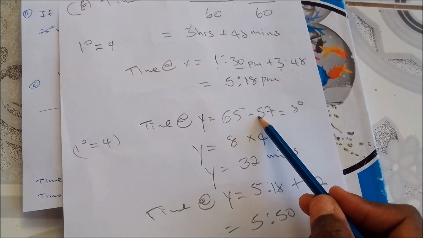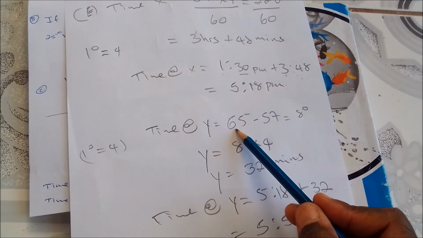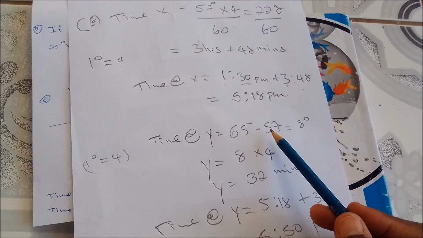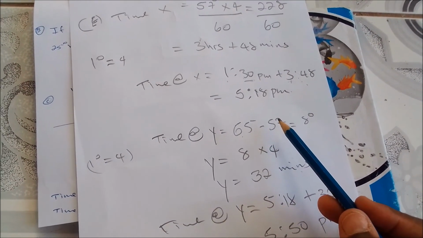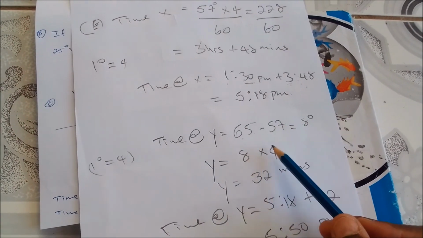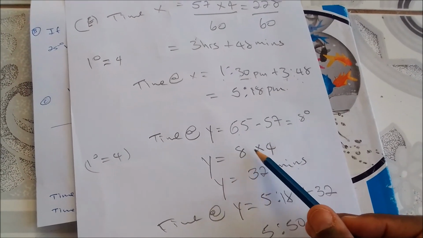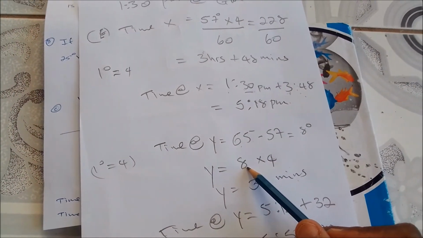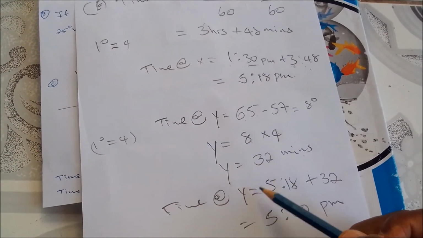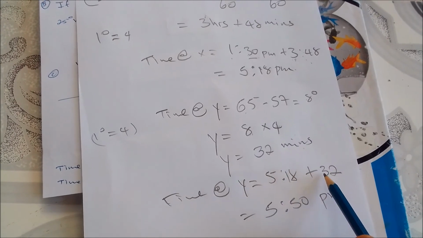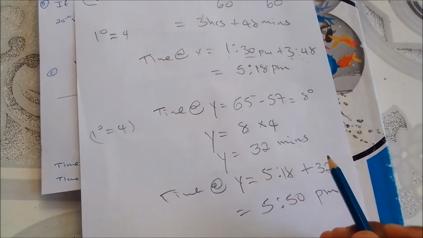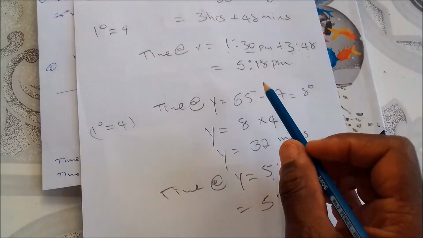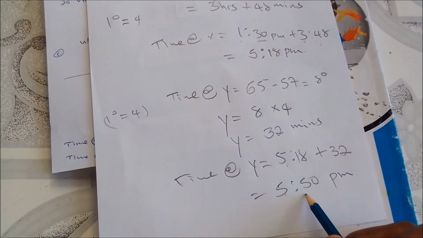So we're moving from 57 to 65. So the difference here is just 8 degrees, right? So 8 degrees times 4 equals 32, and then you would add the 32 minutes to the 5:18 that you got up here, and then you would end up with that.